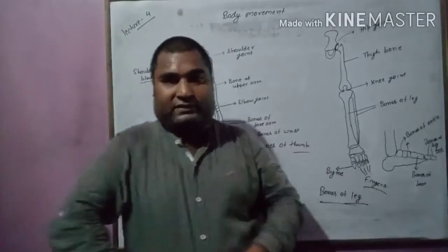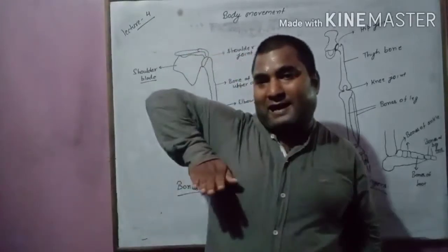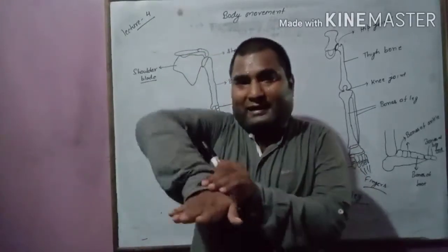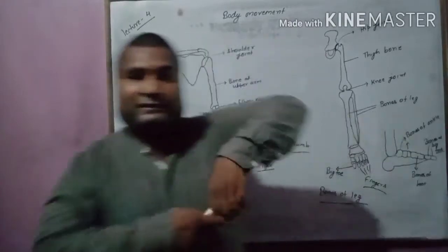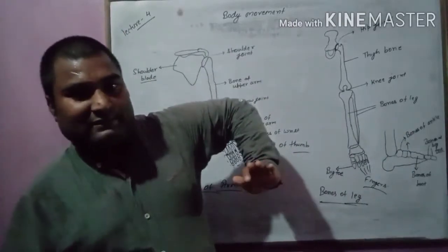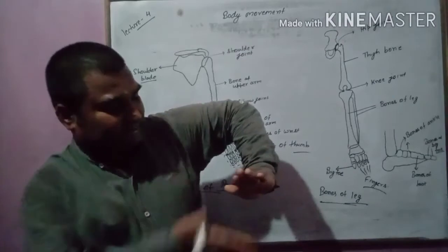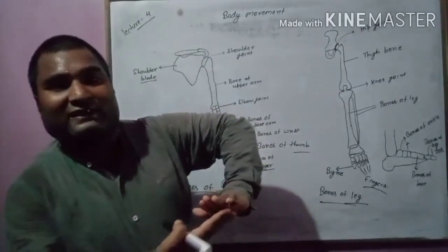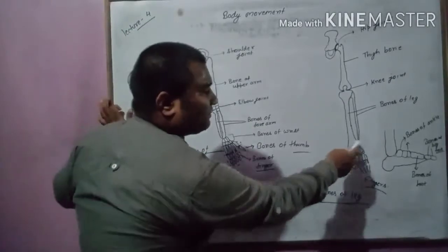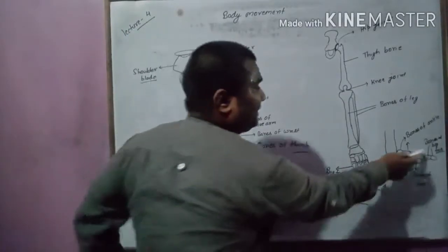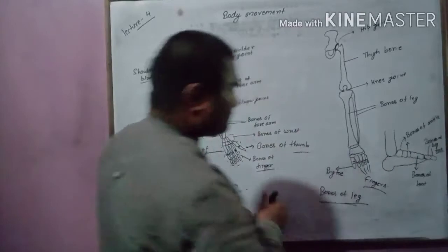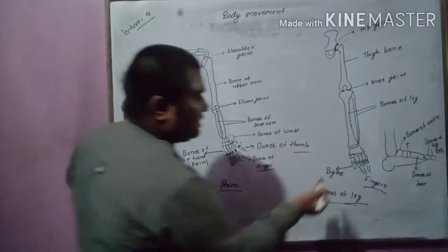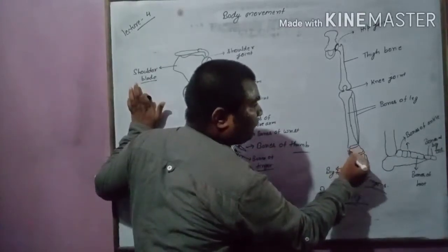See, it is like this. If you keep your hand like this, and your leg is like this, then the leg will be this front portion, and the lower portion, the foot, is like this. I can't draw that properly, so I have drawn it from the side. So these are the bones of the ankle.